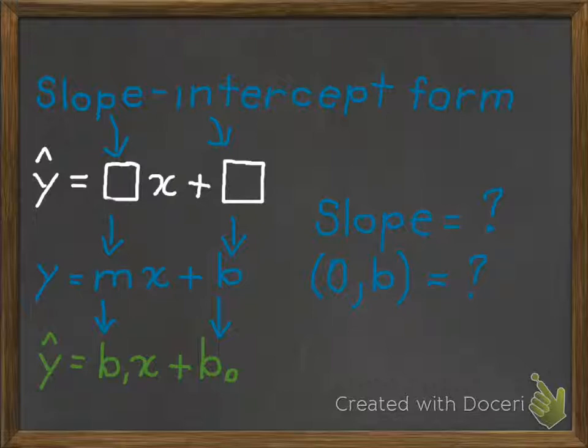Now, the least squares regression line is typically given in slope-intercept form. This is a form that most of you should be familiar with from algebra. The form is y equals mx plus b.